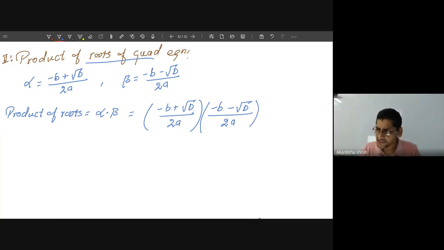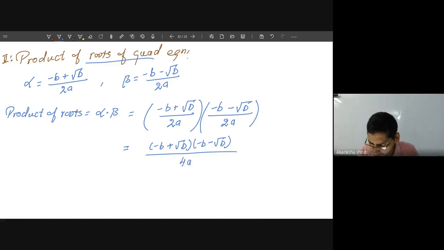You have to take care that it is not addition but the product. So numerator will multiply with numerator and denominator with denominator: minus b plus under root of D in the numerator, times minus b minus under root of D, and the denominator is 2a into 2a, which I can write as 4a square.